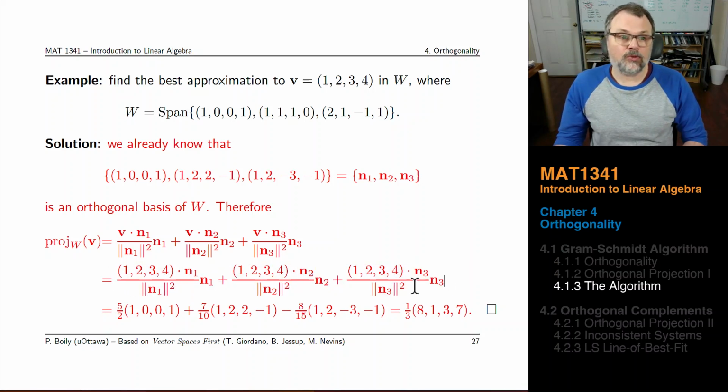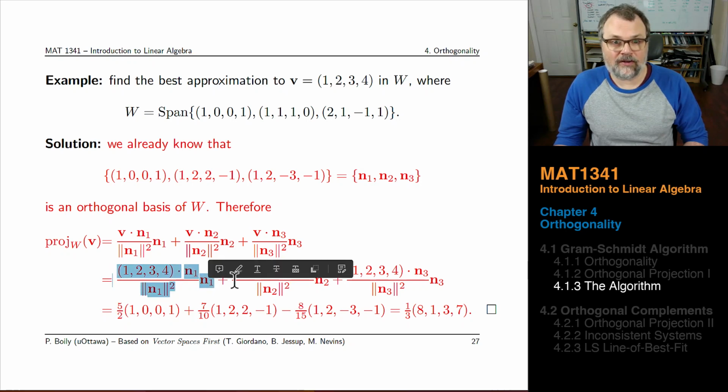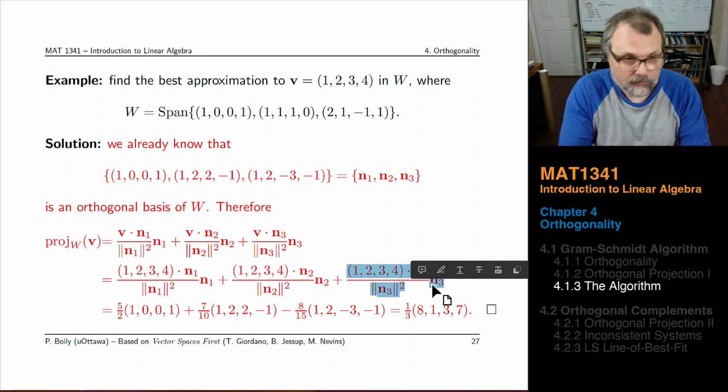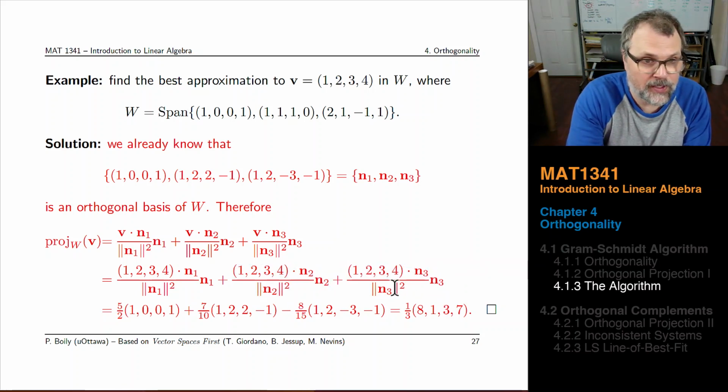And then you just need to do the computations. So you know what N1, N2, and N3 are. Put them in. You'll get a vector, you'll get another vector, and then you'll get a final vector. Each one of these has 4 components. As a reminder, this bit is a real number, this bit is the vector.